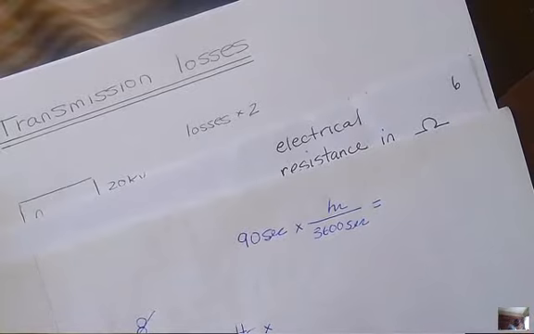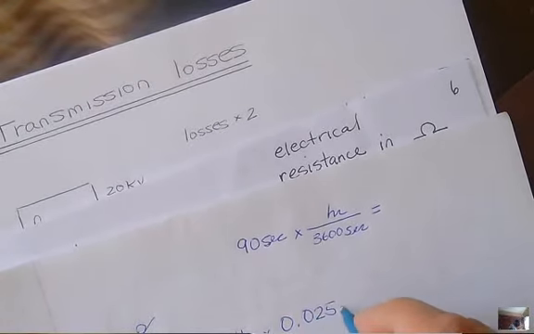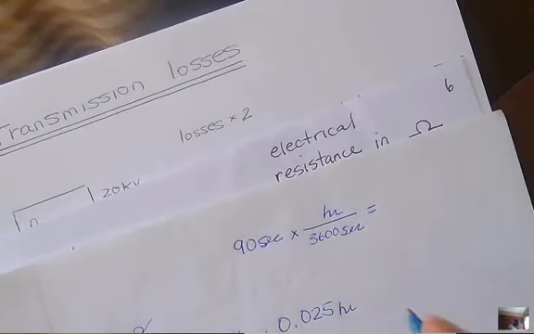And then all I have to do is put that fraction of an hour and I'll get watt hours, and then I'll just change it to kilowatt hours. Okay, let's see if I get the same answer. So I get 90 divided by 3,600, 0.025 hours.